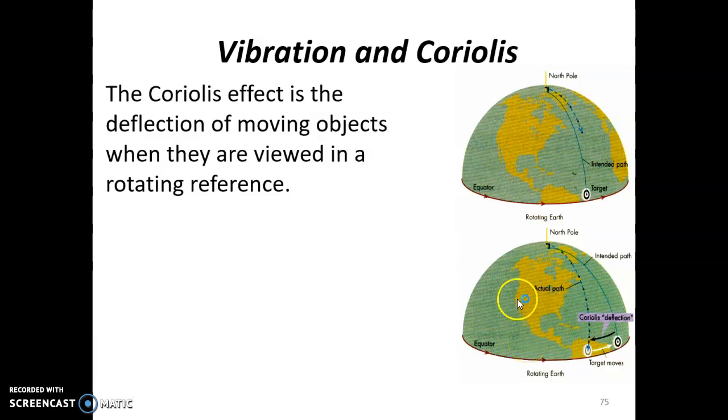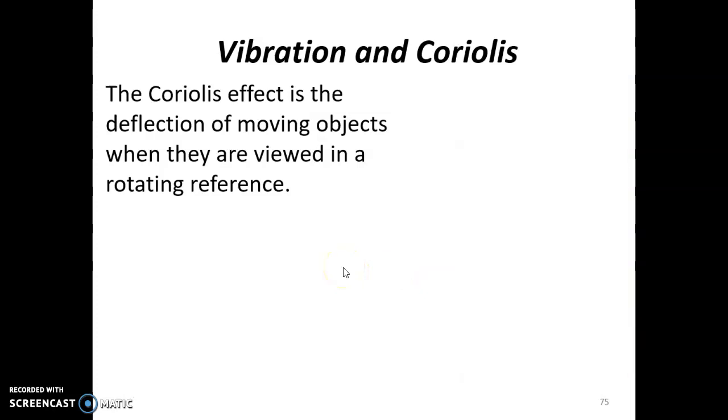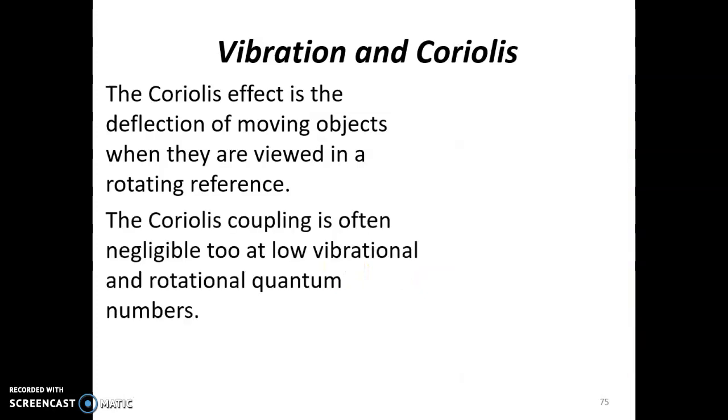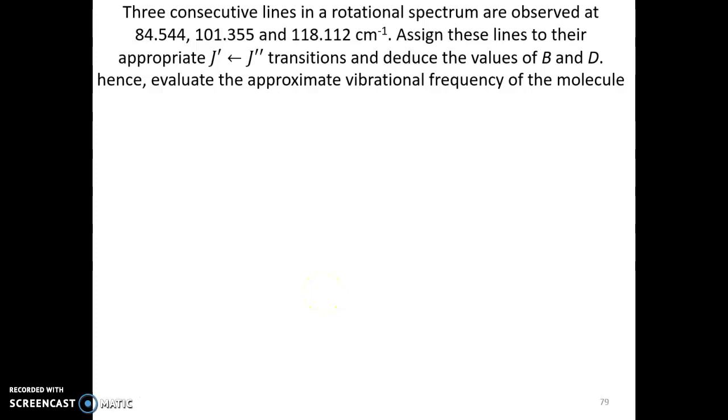It is similar to the Doppler effect, which concerns the way the sample views the source and the way the source views the sample. However, this is often negligible in microwave spectroscopy. It's mostly used in atmospheric science. Okay, so let's work an example before we end the video.